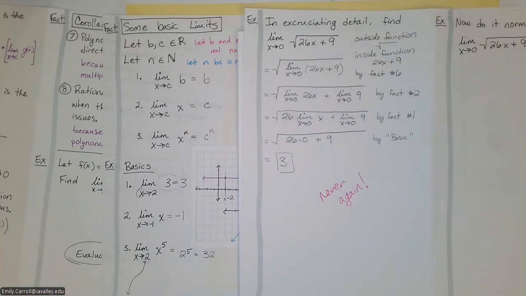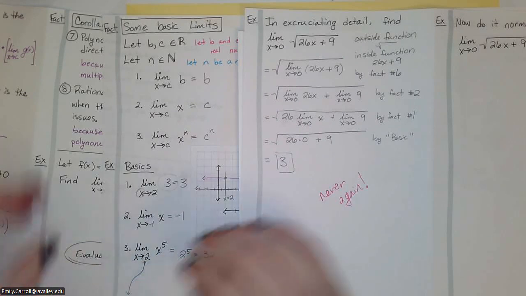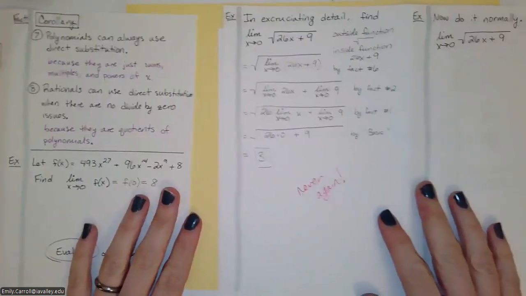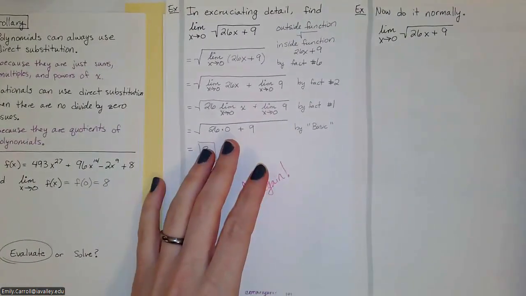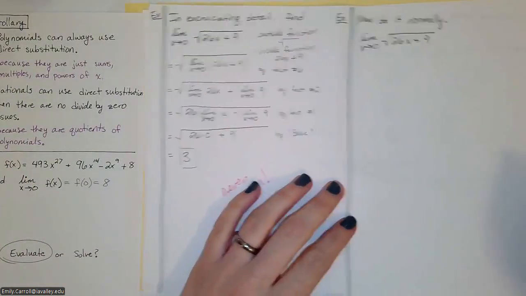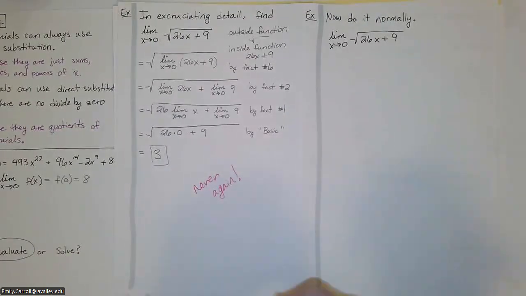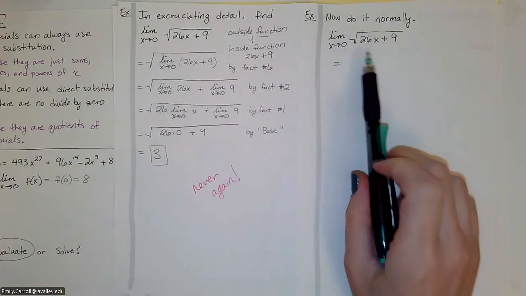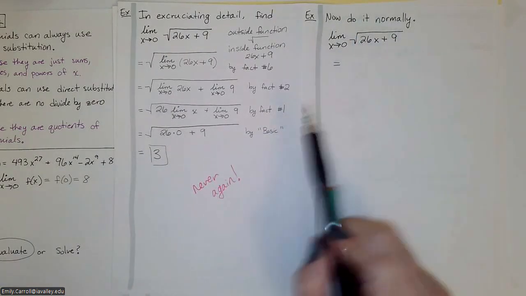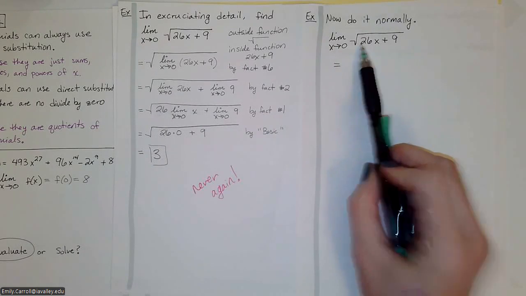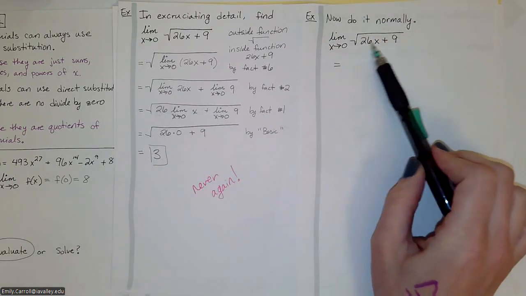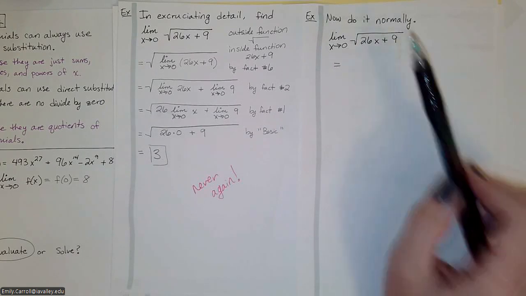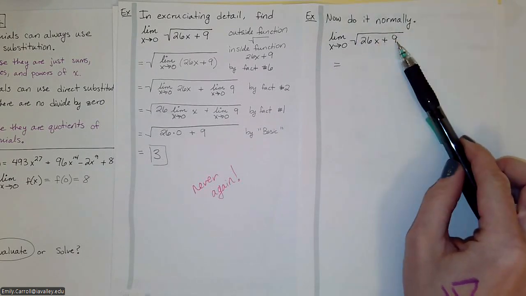You can, it's not wrong, but you don't have to show all of those details and all of those steps. How do we do it normally? Well, I see that I have a function composition, so I know that my limit's going to be able to jump inside there. And once I get inside, I also have that nice corollary: this is a polynomial right inside there, so I know I can direct substitute.